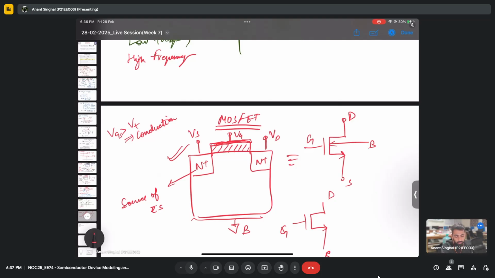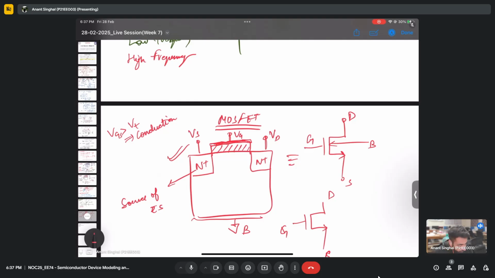I'm not doing a derivation for the current because it is a very long derivation. What we have are the final current equations, if you remember. I've already told them in the previous class, so I'm not repeating those.